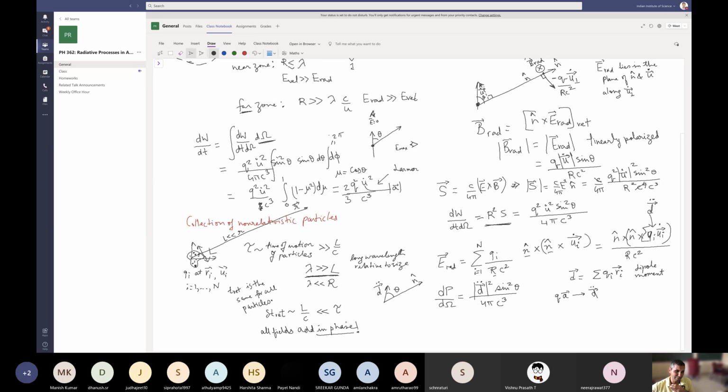So here we are making the assumption that fields add in phase, and that is justified if your lambda is big compared to the size. Over the wavelength of your light, the path differences are much smaller, so they are all adding in phase. Is this clear? The phase difference between this point and this point is tiny because the retardation is tiny, but this is not true in general.